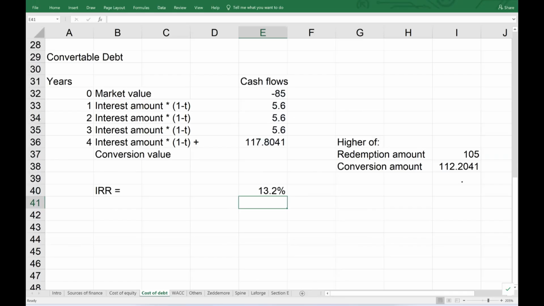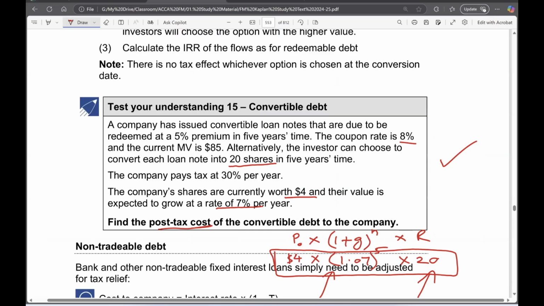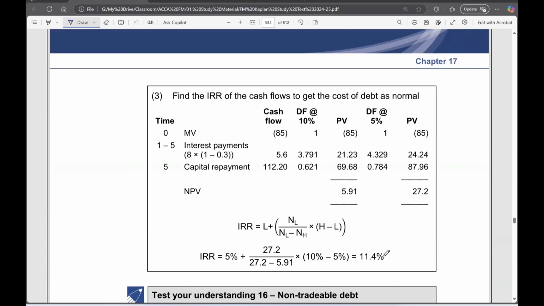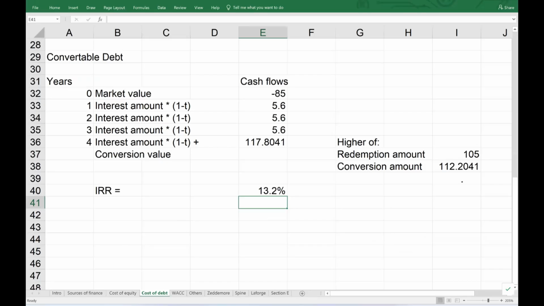Very high rate, but I think that's the way. Let's check the answer for this. Yes, it's 11.4%. You got 11.4%.